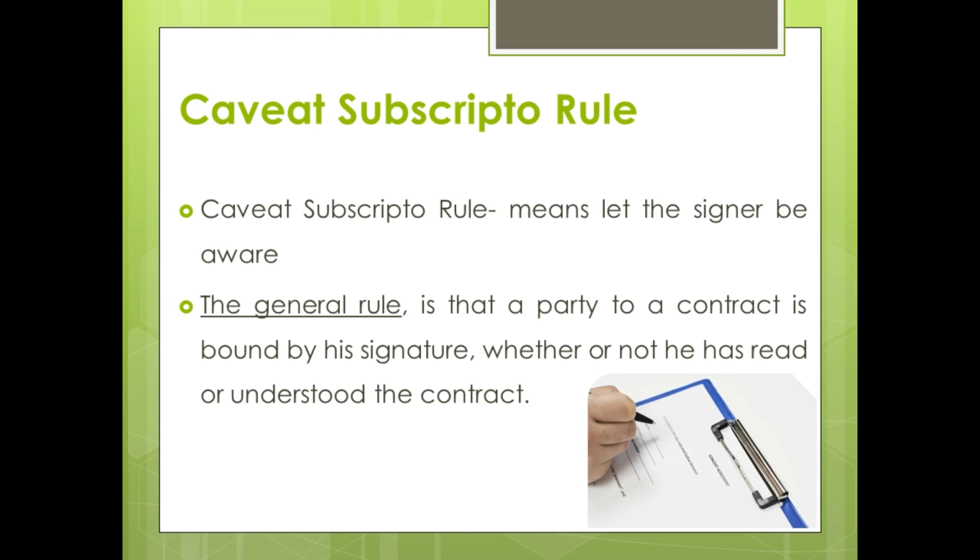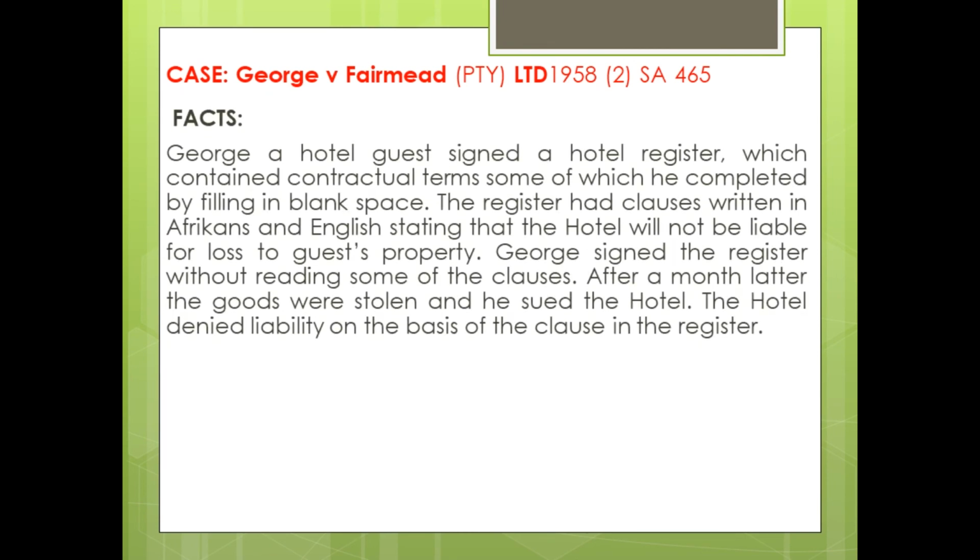So the general rule states, if one signs a contract, he is bound by his signature. For example, in this case, George, a hotel guest, signed a hotel register which contained contractual terms, some of which he completed by filling in blank spaces.